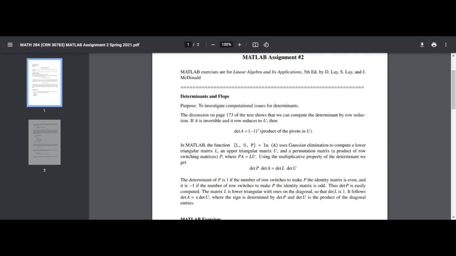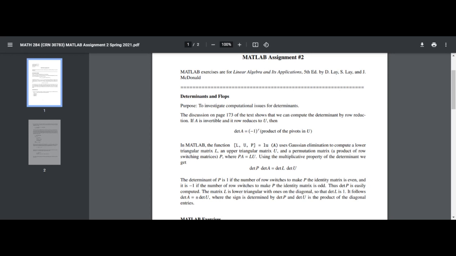The reason they do that is because programs like to use partial pivoting when they do their Gaussian elimination. Gaussian elimination is the same thing as row reduction. That's what Gaussian elimination is.